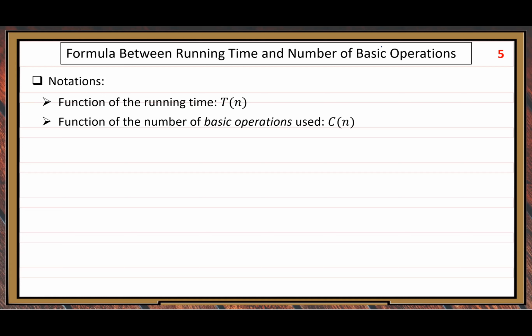Then we use another function that gives us the number of basic operations used. Basic operation for different problems could be different. Could be addition, multiplication, or comparisons. For this class, most of the time we use comparisons.